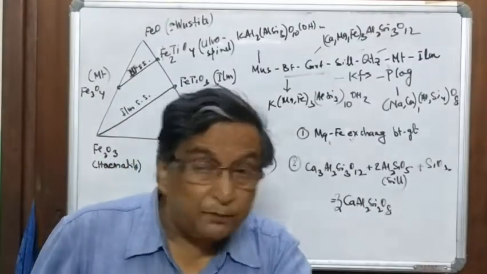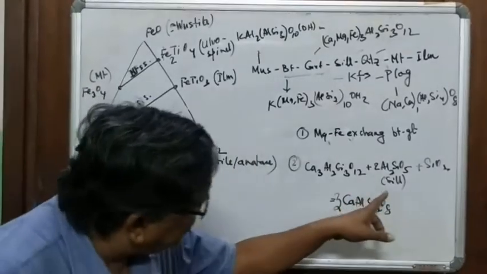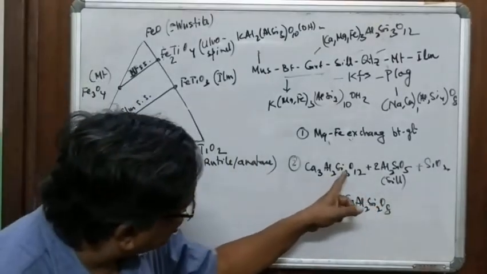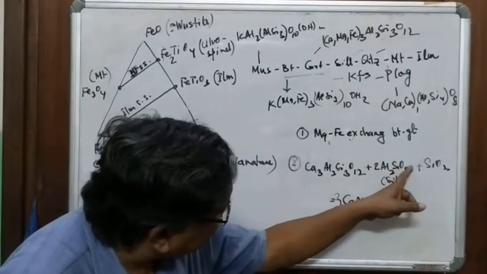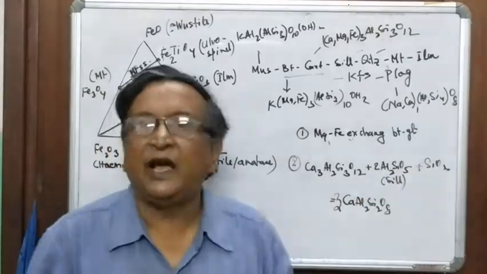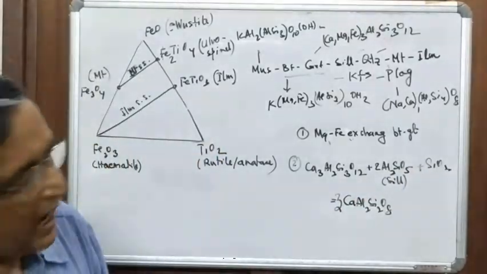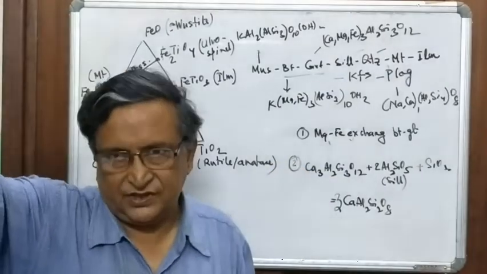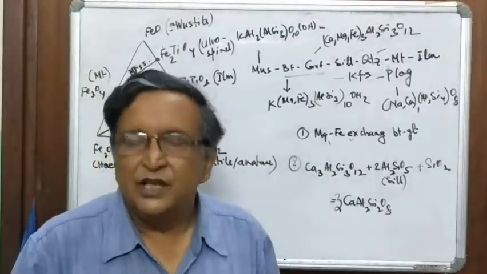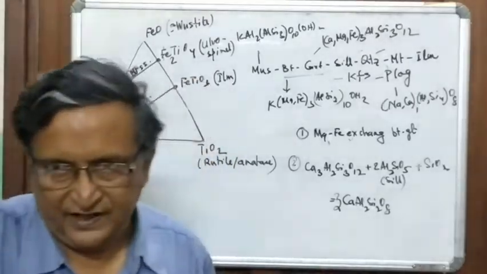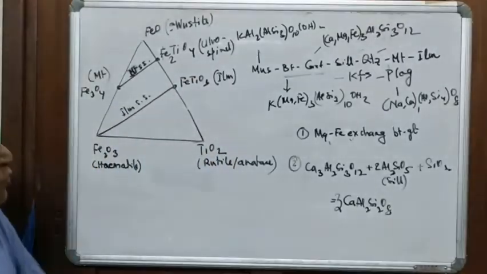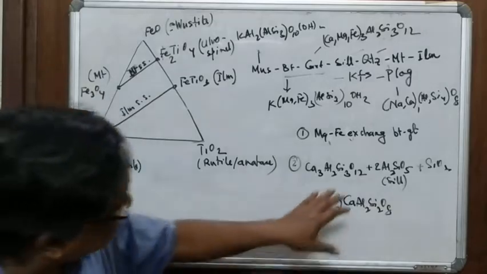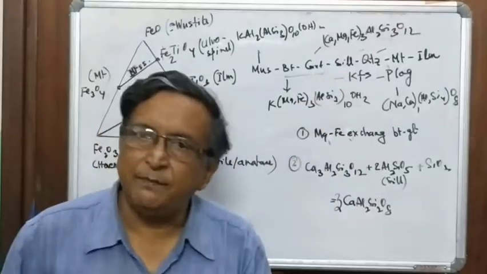Fluid-absent reaction does not mean fluid-free reaction. Fluid-free reaction involving grossular, aluminosilicate, quartz is equal to anorthite. And you can already see, since garnet is on this side, it should be the high pressure phase, because garnet is dense, so it should occur in the high pressure phase. So this is one reaction that can be written for estimating pressure and temperature condition.